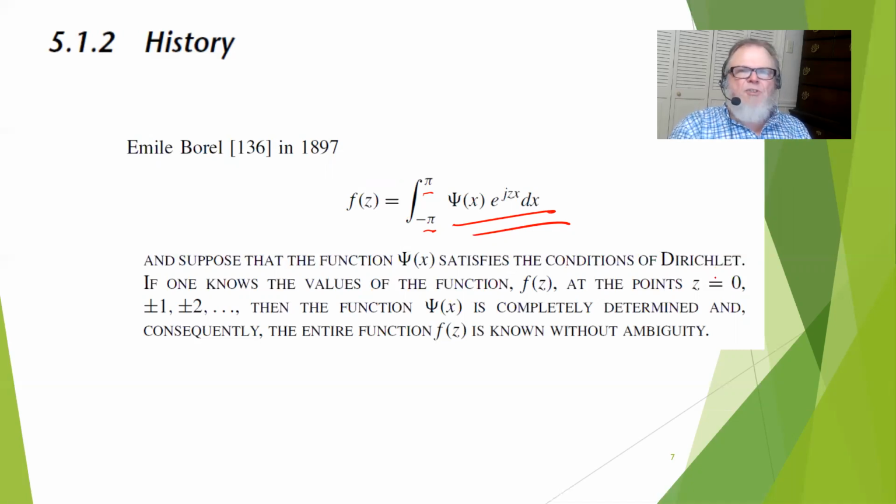We haven't gone over Dirichlet here. Dirichlet was a student of Fourier, and he got a little bit more into the rigor of his mentor's Fourier transform or Fourier series work. And he came up with sufficient conditions for the Fourier series to exist. So you don't have Fourier transforms of really weird functions.